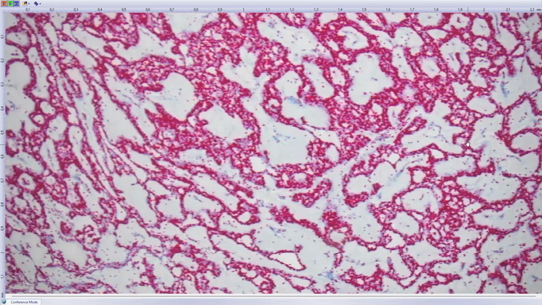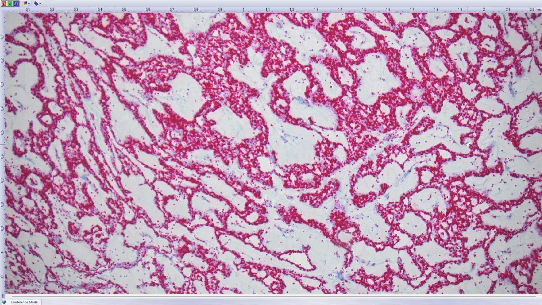So it's diffusely positive in all cells, as you can see. Proliferative activity is pretty low, maximum 5%.